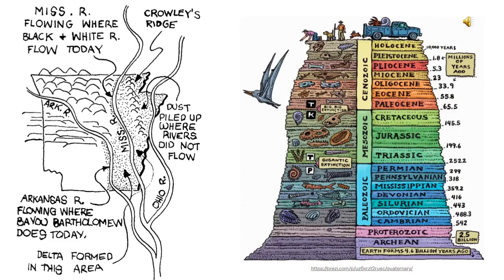So the drawing shows where these rivers ran, and we're talking about a time period with giant mammals, saber-toothed tigers, and humans.